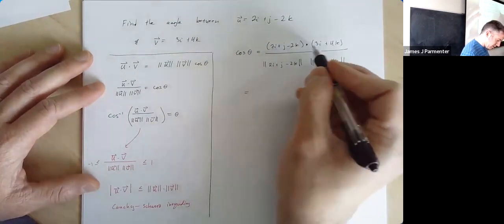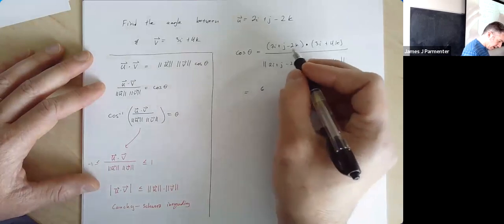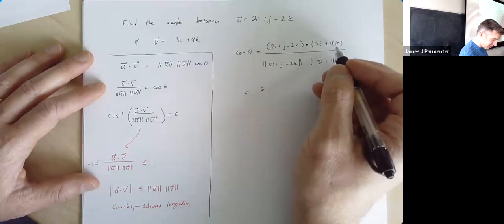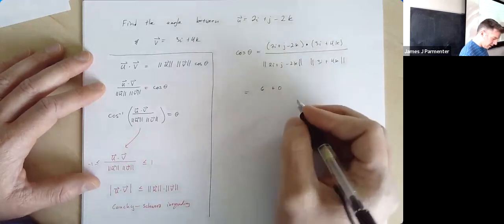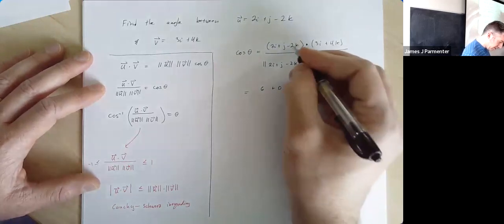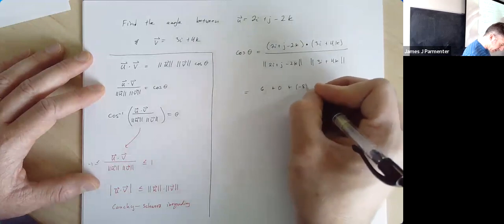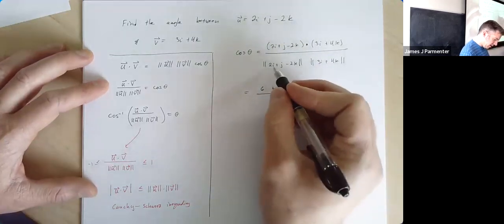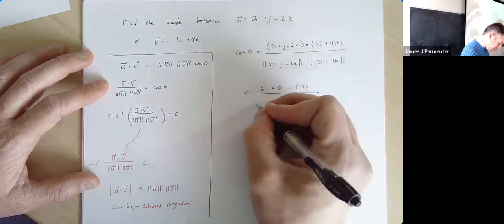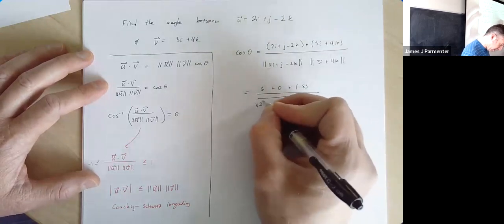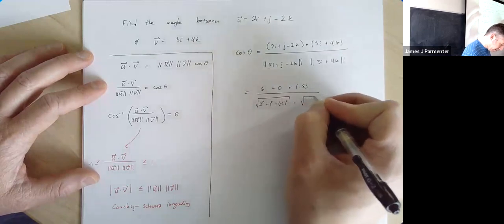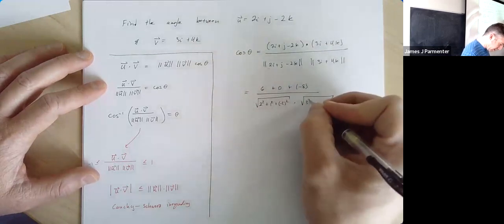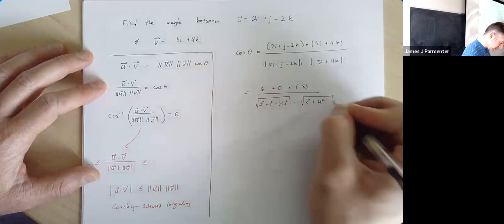So let's see, 2 times 3 is 6. 1 times 0, right? There isn't a j component over there, so I just get a 0 from that part. And then -2 times 4 is -8. Divided by the magnitude of 2i plus j minus 2k, which is the square root of 2 squared plus 1 squared plus -2 squared, and the magnitude of 3i plus 4k, which is the square root of 3 squared plus 4 squared.